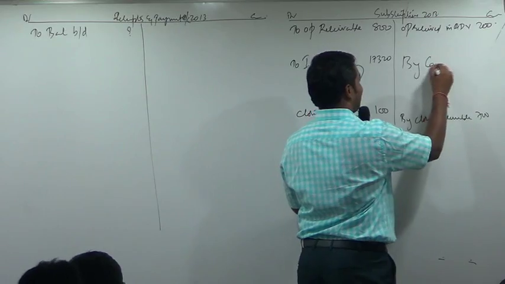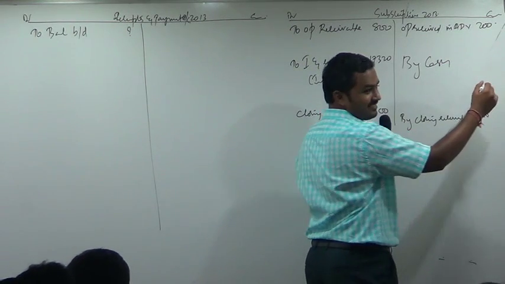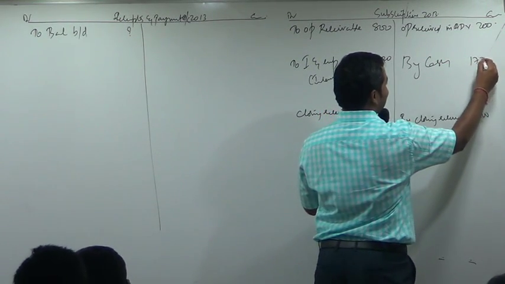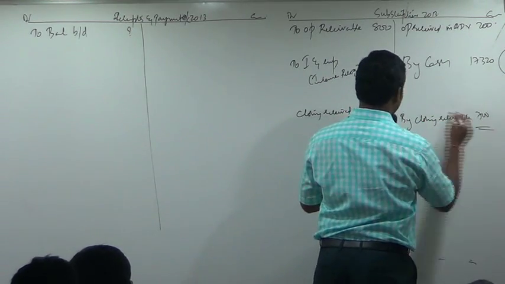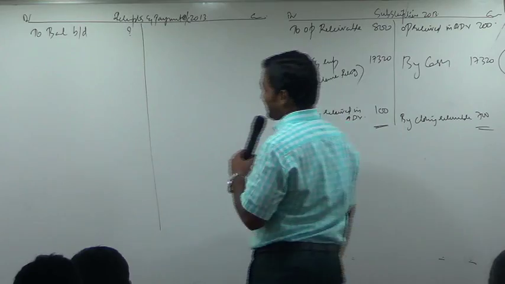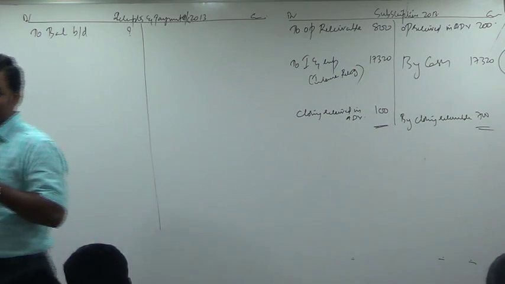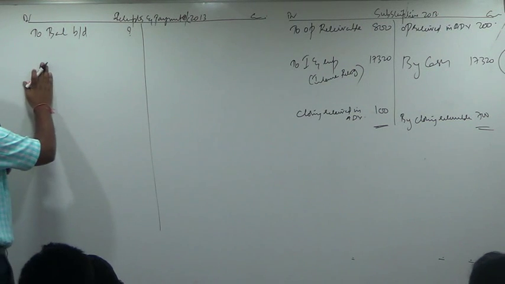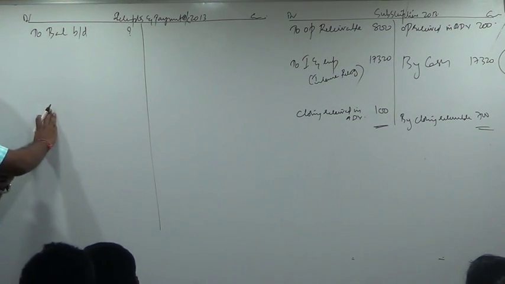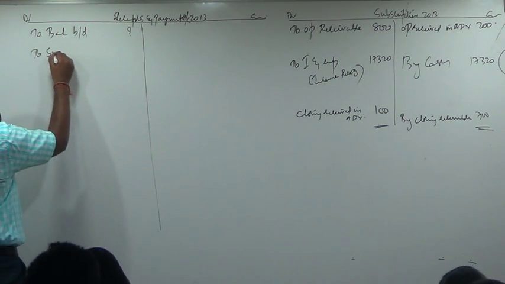By cash, 17,320. Same. Yes, balancing figure, 17,320 rupees. Where should I write? Debit side, receipt side? Yes, sir.